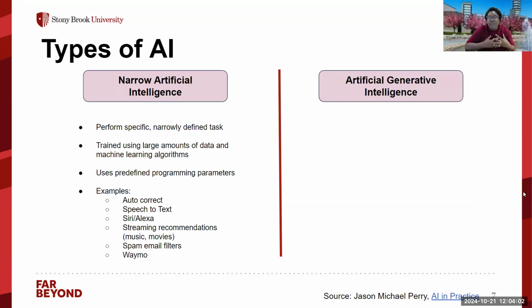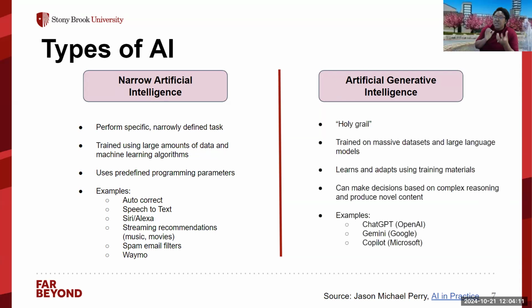And then we have what we are very familiar with calling AI, which is generative artificial intelligence. It's considered like the holy grail because now you're putting almost a face or human features to technology, right? It's trained on massive data sets and large language models so that it sounds very natural in text, or at least as natural as possible.